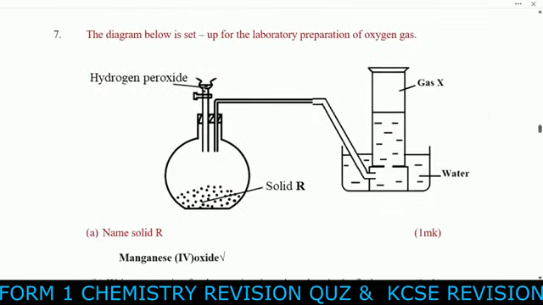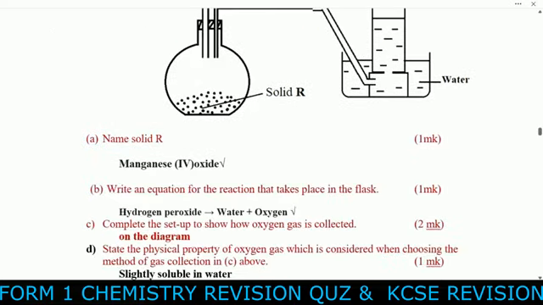Next, number 7, we have another diagram here, and you are told the diagram below is set up for the laboratory preparation of oxygen gas. So we have hydrogen peroxide, gas X, water, and solid R. You are told to name solid R. That one is manganese(IV) oxide.